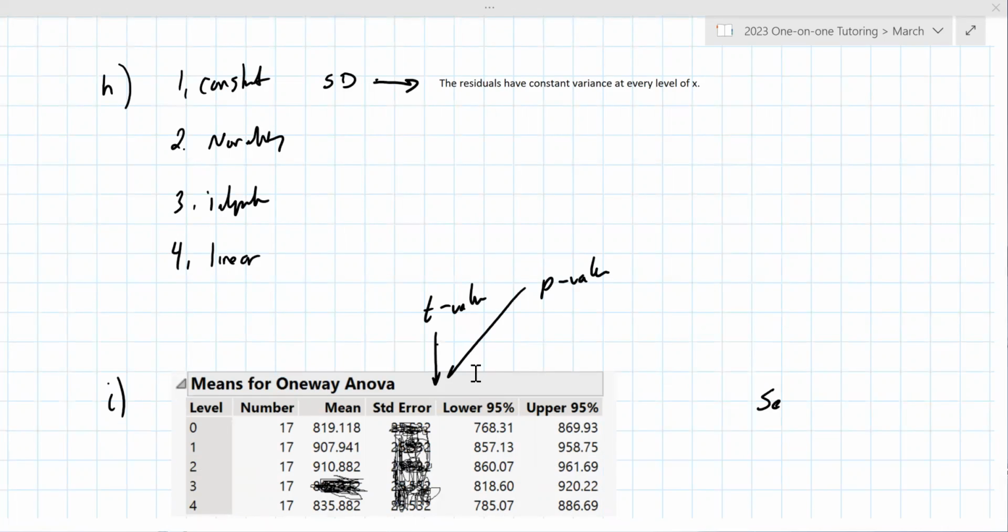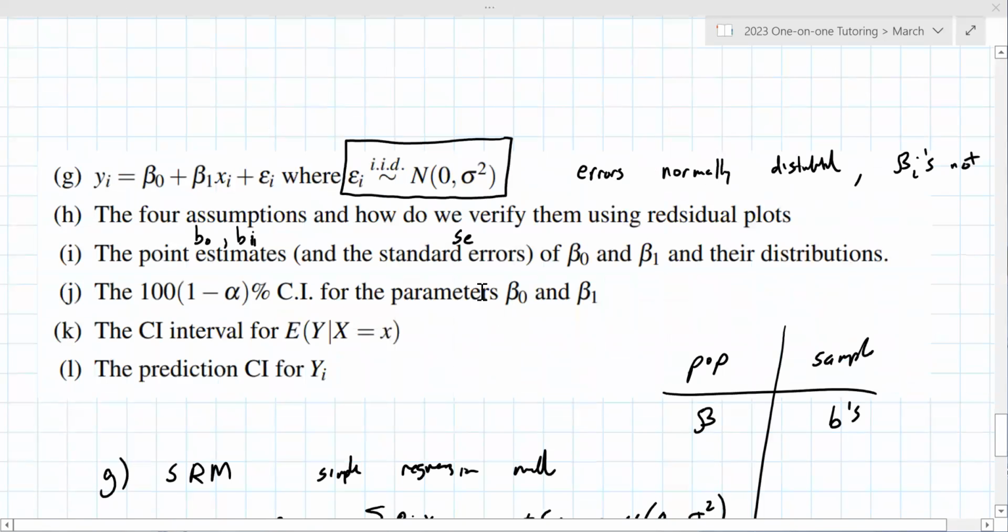With the sample midterm, I feel like I understand that. There's one small thing here: the point estimates are B0 and B1 for beta 0 and beta 1, but the confidence interval is on beta 0 and beta 1. The confidence interval is always done on the population. That's a small thing.